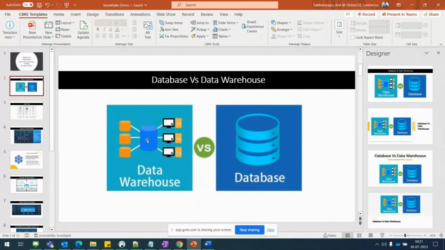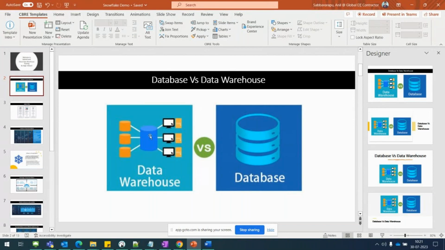You have bought your own server, a high configuration server, and you have bought your own high configuration memory, and you have bought some software like Teradata or Oracle or SQL Server. You have installed it, and you connected to different systems through ODBC and JDBC, and you have collected data and stored it in the data warehouse, right?